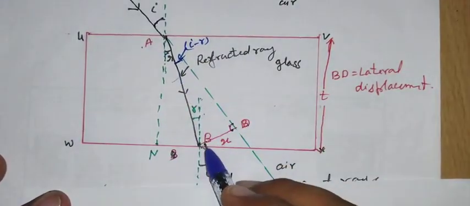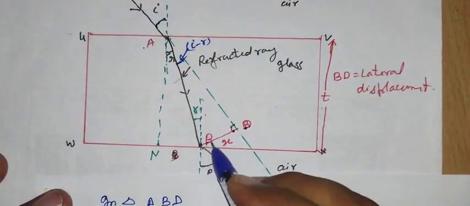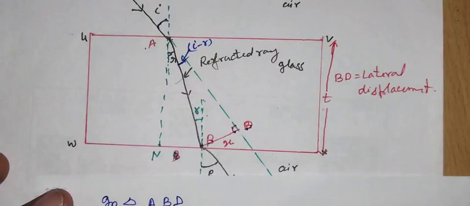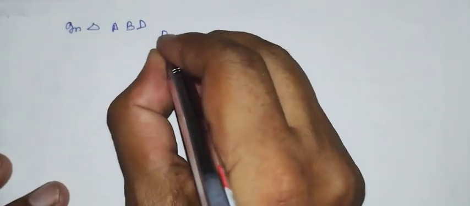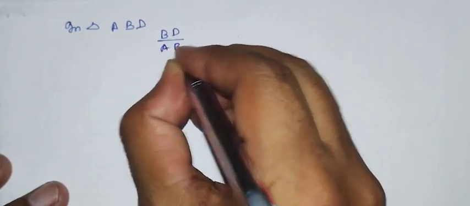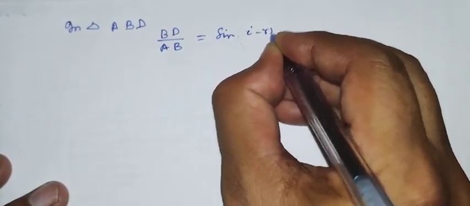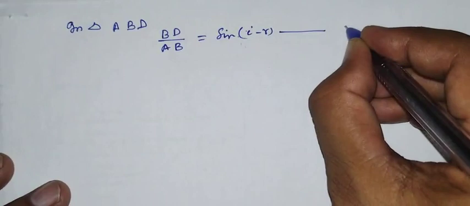For this, BD is the perpendicular and AB is the hypotenuse. Then we can write BD by AB is sine I minus R. This is equation number 5.